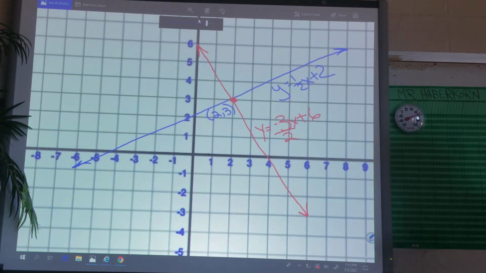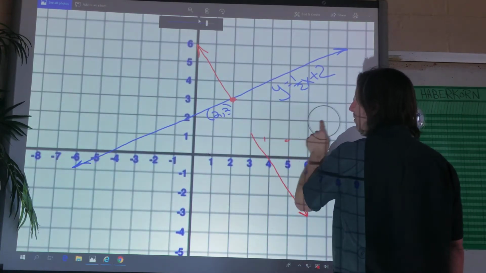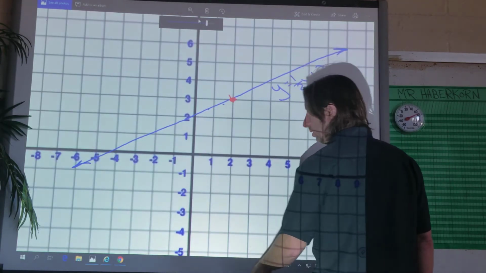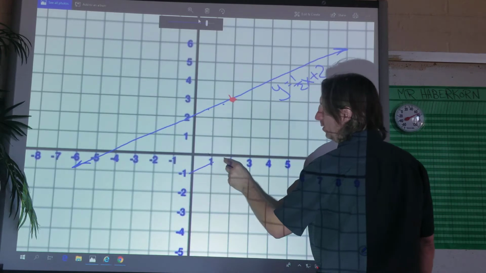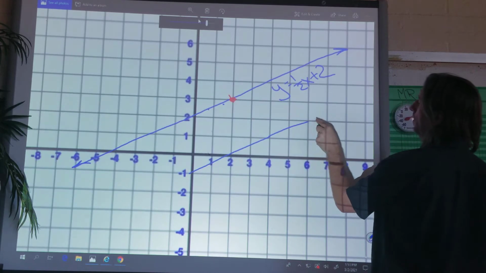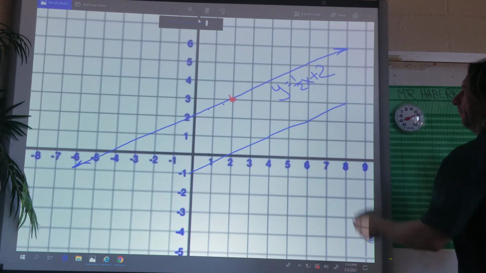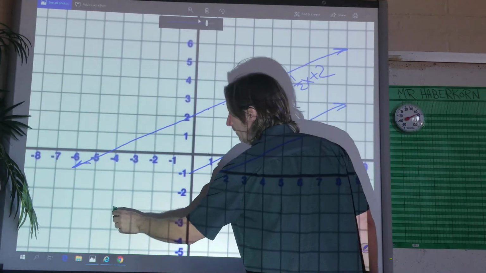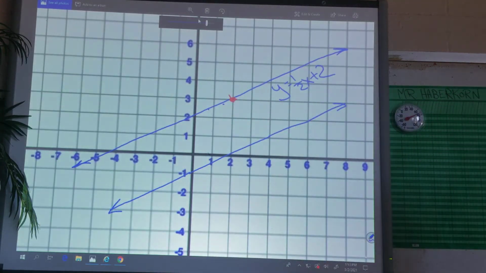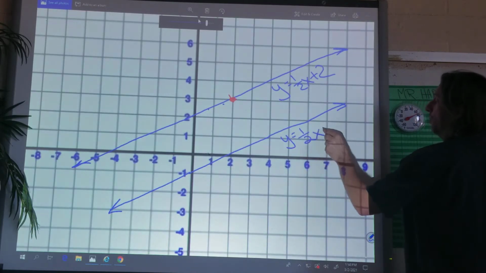So pretty simple stuff if you have a graph in front of you, all right? We found out that if we have two lines that are parallel, this one is y equals 1/2 x minus 1.